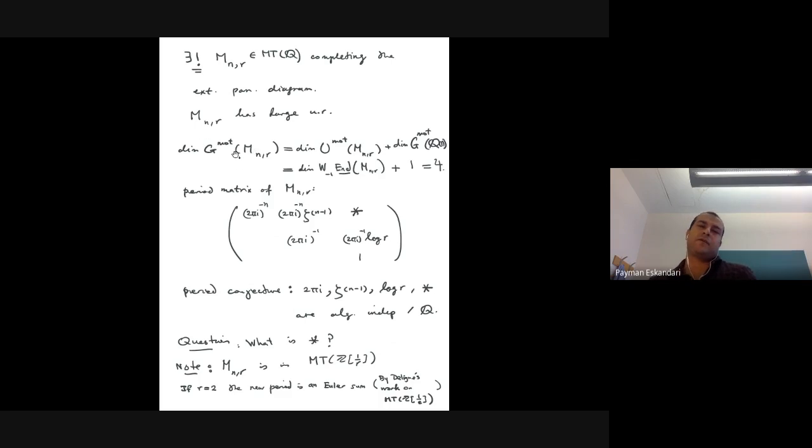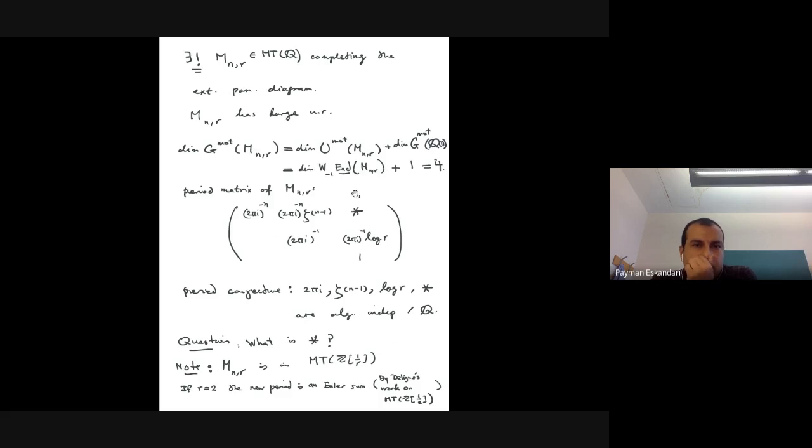The motivic Galois group has the unipotent radical and then the reductive quotient, which is G_m, one-dimensional. We know this unipotent radical is large, so its dimension is the same as the dimension of W minus 1 of M, and M was three-dimensional, so this would be 3 choose 2, which is three. In total you get four dimensions. So the transcendence degree of the periods, according to the period conjecture, should be equal to 4.